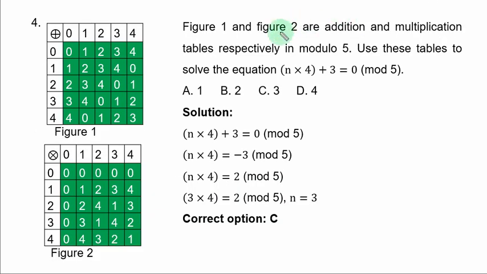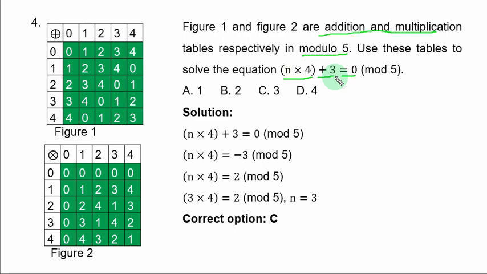Question 4. Figure 1 and figure 2 are addition and multiplication tables respectively in modulo 5. Use these tables to solve the equation n times 4, in brackets, plus 3 equal to 0 modulo 5. What this means is to find the number n such that when multiplied by 4 and you add 3 to it, the result is 0.